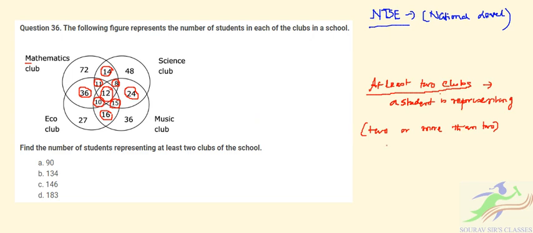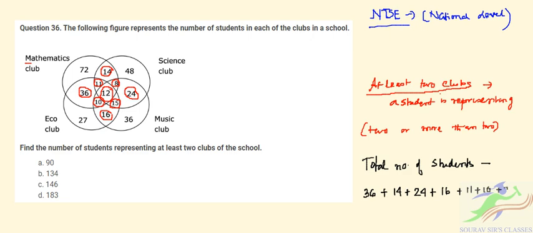So the total number of students representing at least two clubs of the school will be the summation of all: 36 plus 14 plus 24 plus 16 plus 10 plus 11 plus 10 plus 8 plus 15 plus 12.